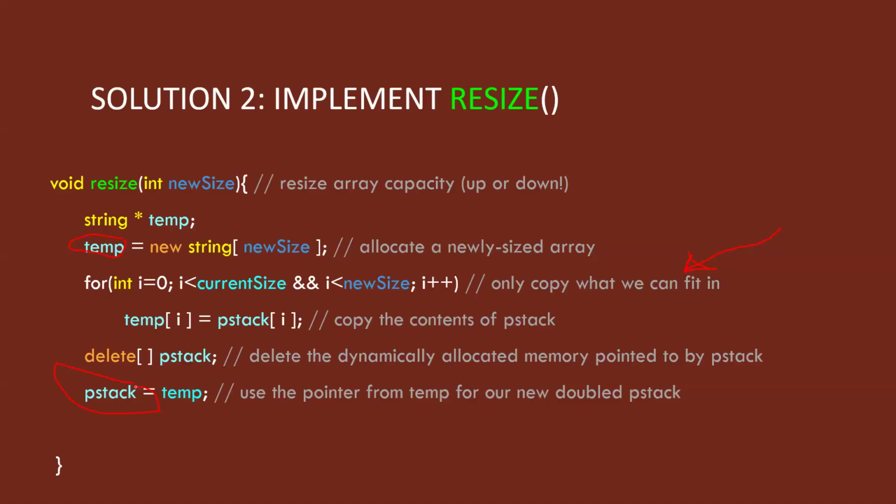So now I have my pstack updated. Temp was just a temporary pointer that now will go away once my method is done down here. Okay. And I can update my new size as well. Max size equals new size. So this is really all we got to do, whether we're shrinking or growing. Just that little method right there kind of does it for us.